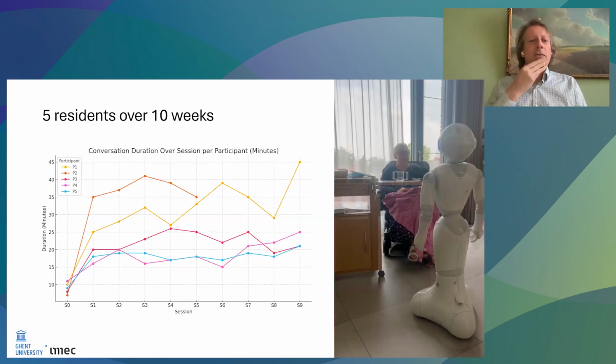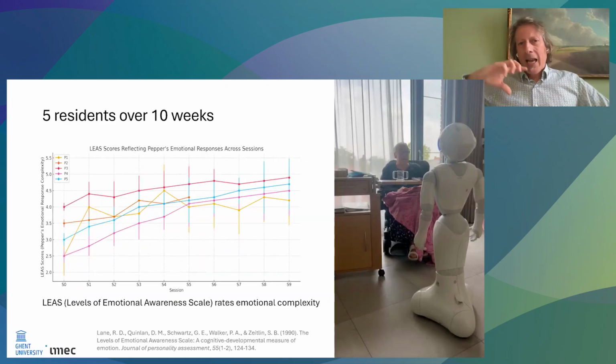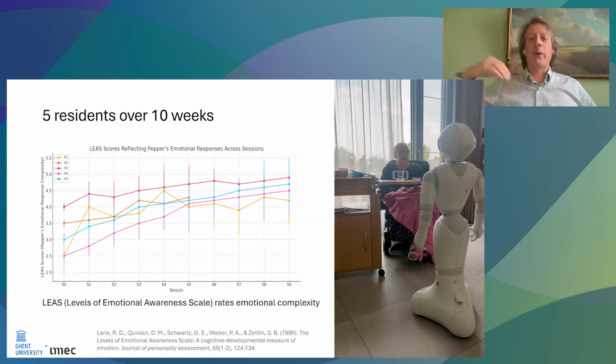Another really interesting measure is the levels of emotional awareness scale. This is a metric that tells you how deep the conversation is. 2, 3 is fairly superficial. It's talking about the weather, talking about, I don't feel well, but not going into detail, while 5 is very, very deep.